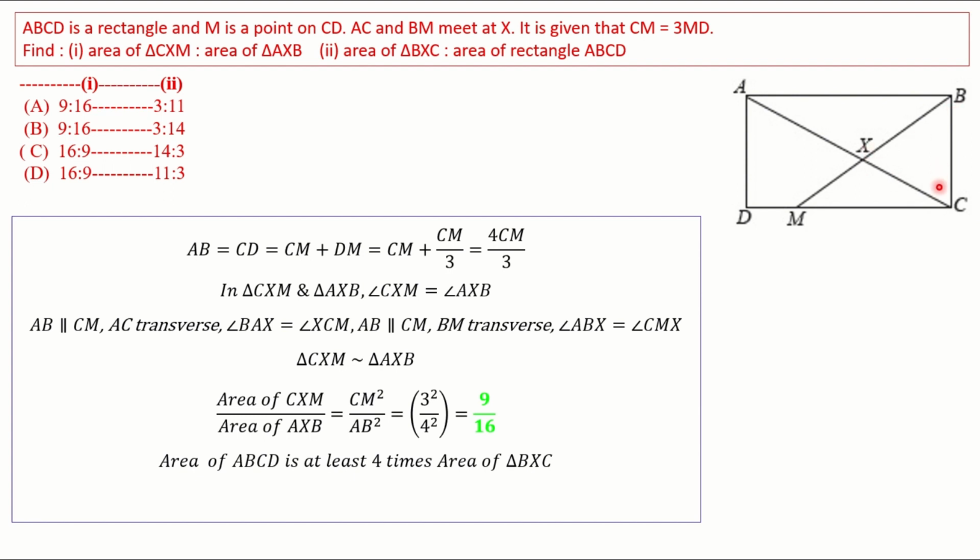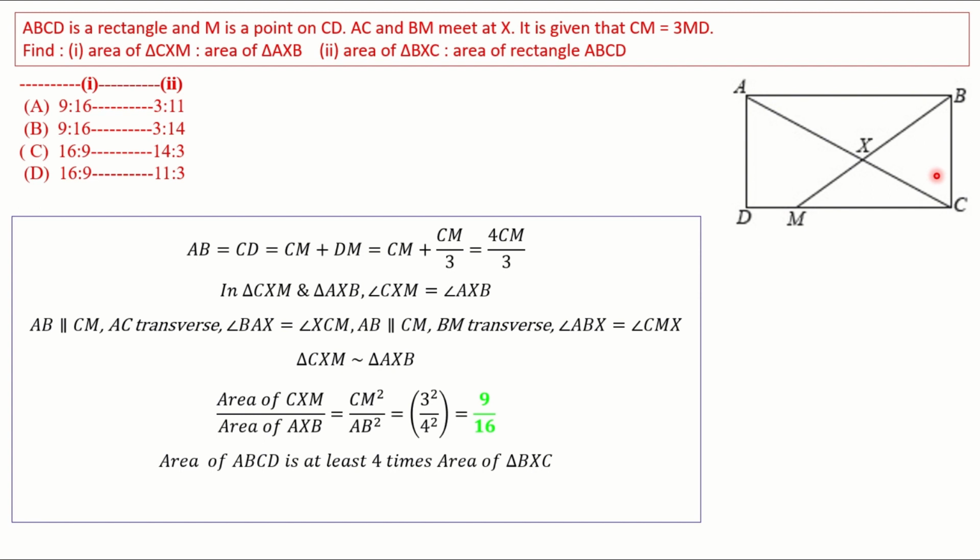So that is the minimum area. Here BM is not even a diagonal, correct? So the triangle area BXC will be less than when BM is a diagonal. If BM is a diagonal, the maximum area a triangle will have is 1/4.